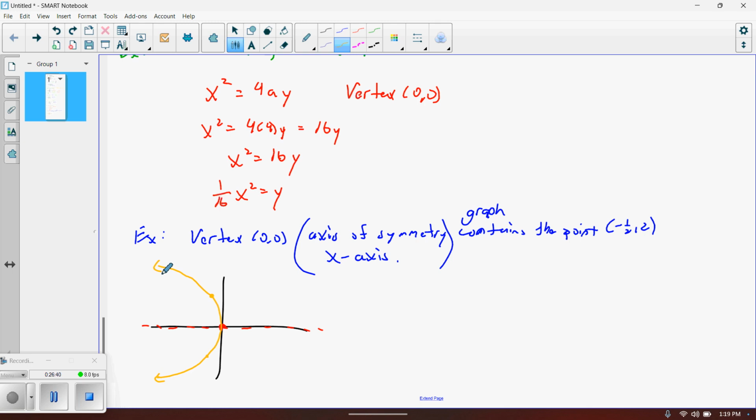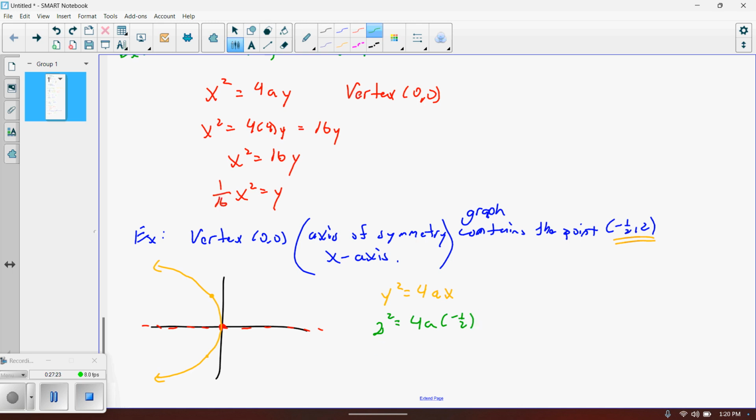So again, this one is going to be y squared equals 4ax. In this case, we don't know the distance a yet. We need to figure out a. Well, we do have information to do that, because we have a point on the graph that I can plug in for y and for x. So I am literally going to do that. We're going to plug in 2 for y, and then plug in -1/2 for x, and now we can solve for a.